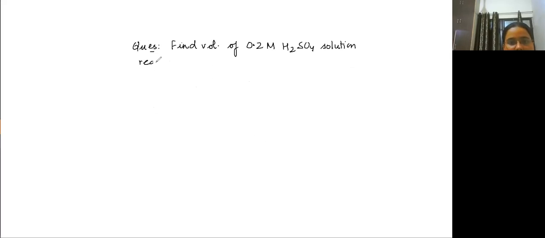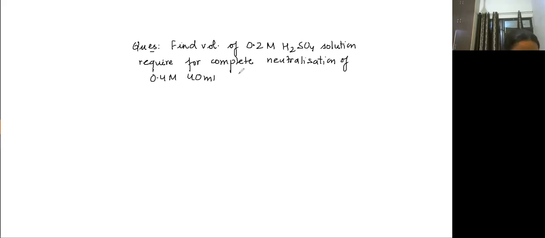Okay. So write down the question. Find the volume of 0.2 molar H2SO4 solution required for complete neutralization of 0.4 molar, 40 ml NaOH solution.